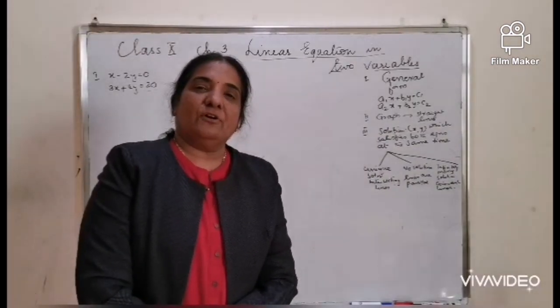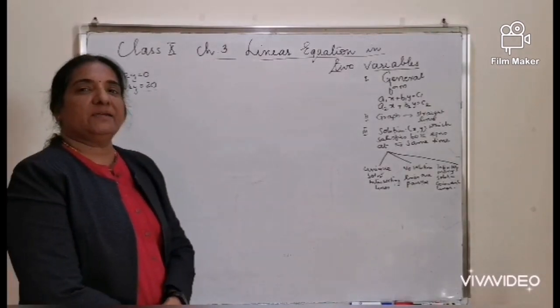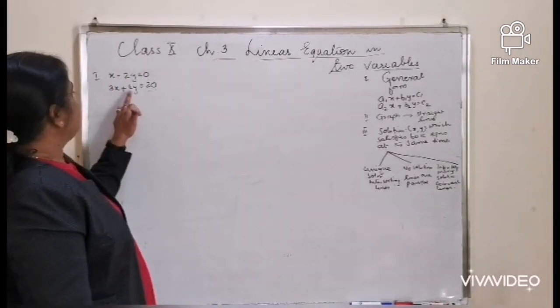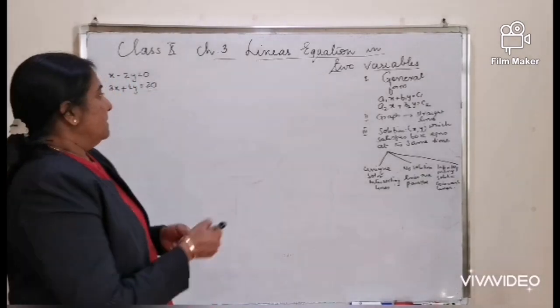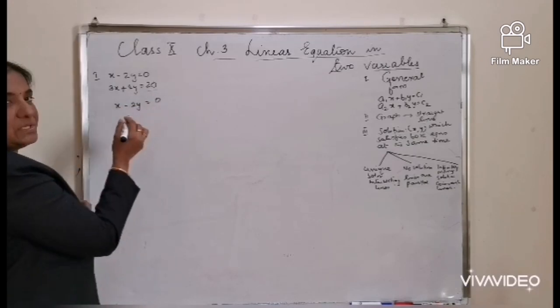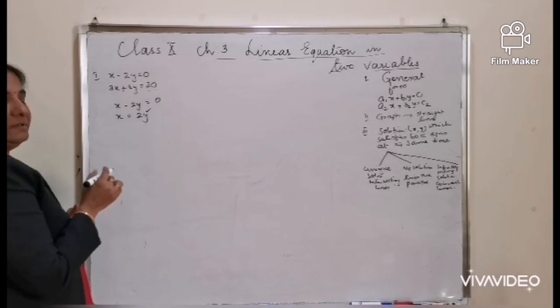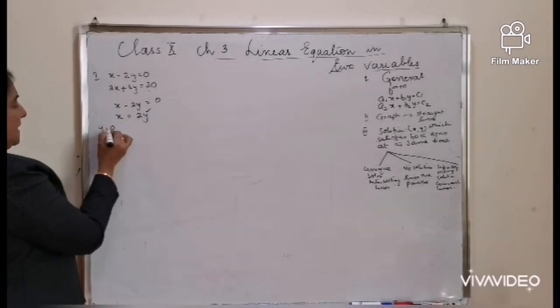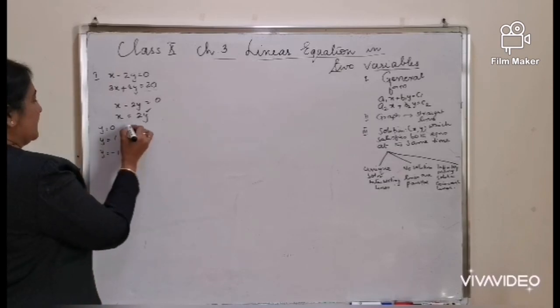Draw the graph of the pair of linear equations x minus 2y equal to 0, 3x plus 4y is equal to 20. The calculation: x minus 2y equal to 0, x is equal to 2y. The three values of y can be 0, 1, minus 1.